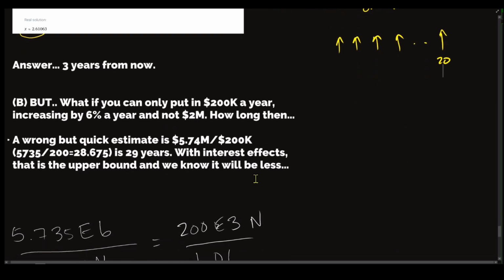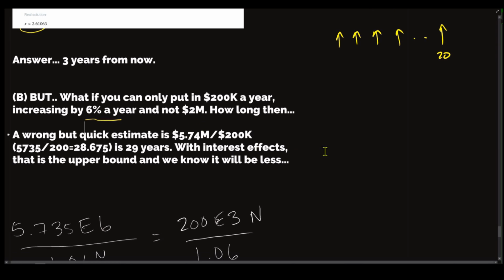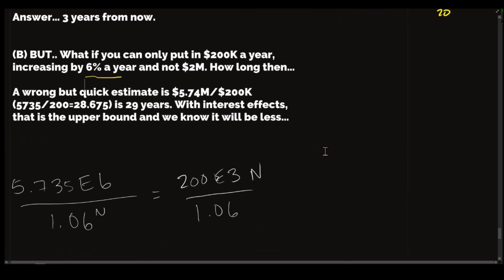Let's do a part B. What if you only put in $200,000 a year instead of 2 million? We were going to put in 2 million, but now we can only put in 200K. We're still increasing that amount by 6% a year, so the only thing that's changed is that first amount.